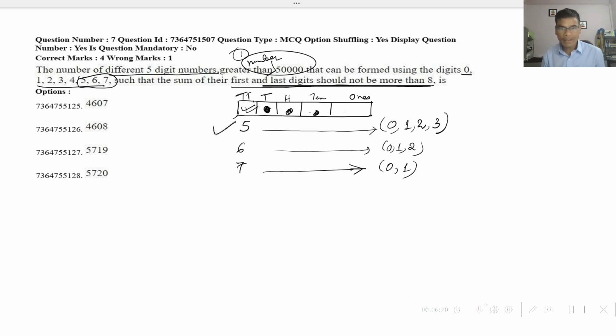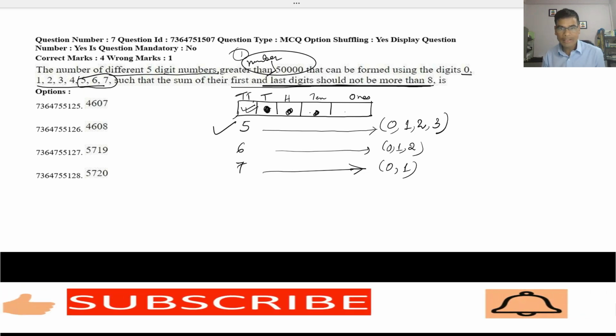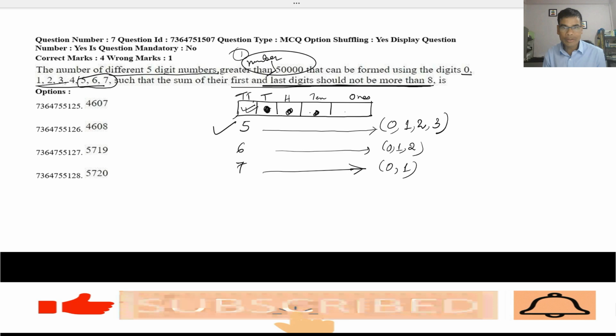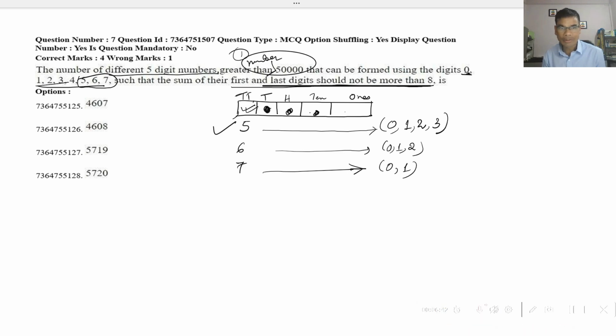If we start with 5 as your 10,000 place, then the number of ways you can select your 1,000 place from the given digits is 8 ways.